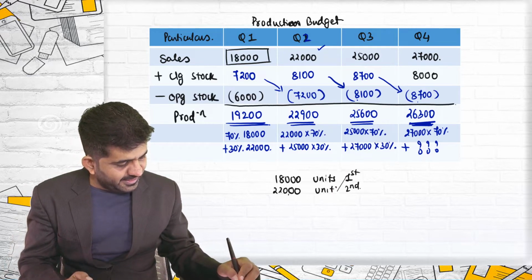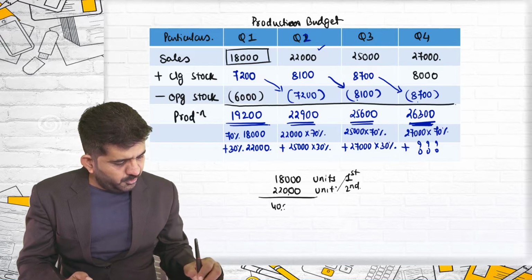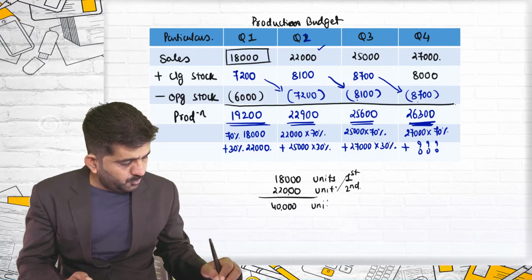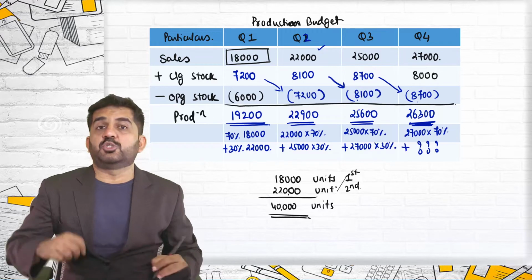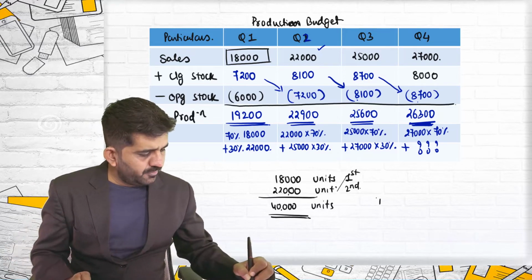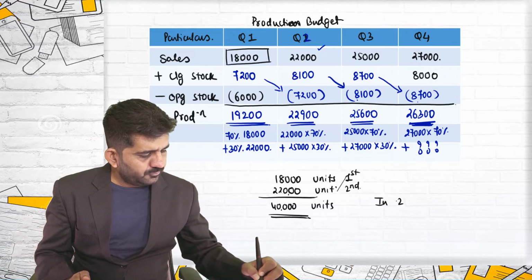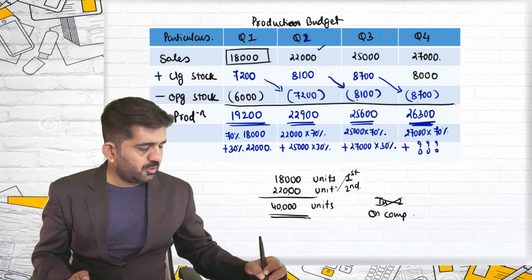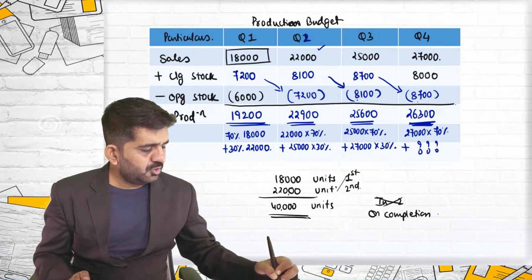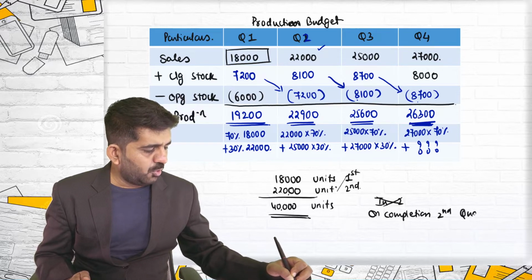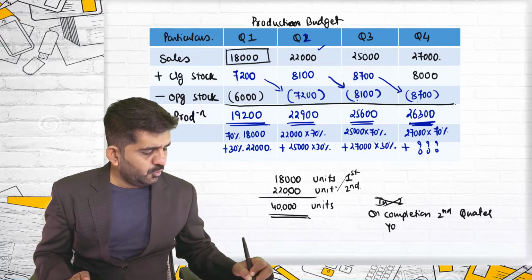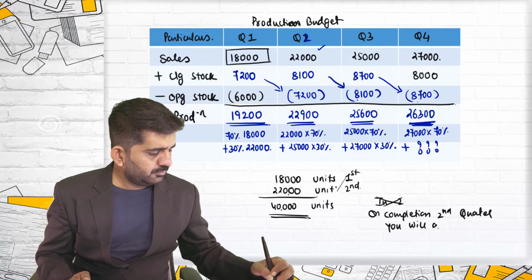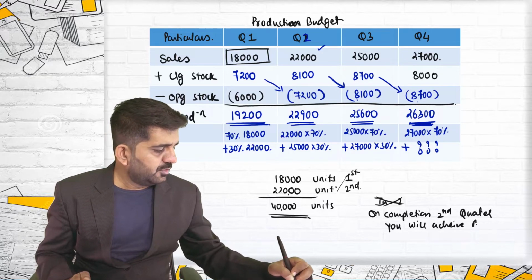So total units in 2 quarters you will be selling is 40,000 units, which is your break even. So on completion of second quarter, you will achieve break even.